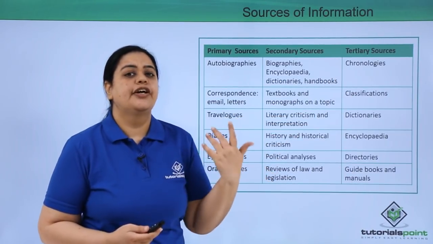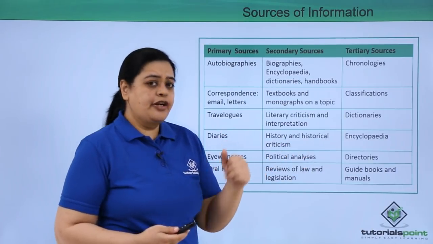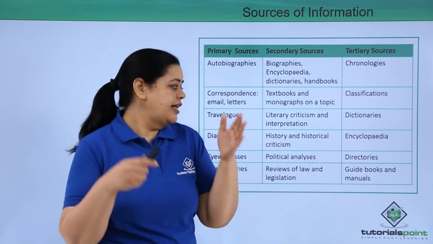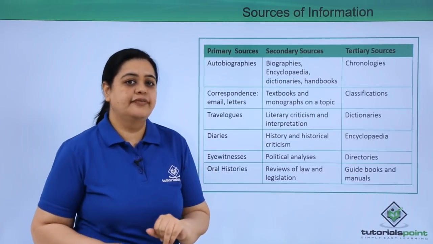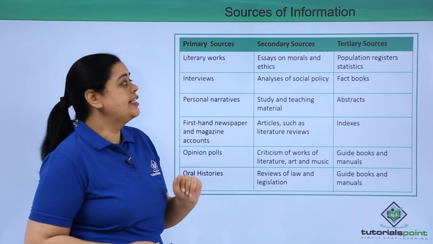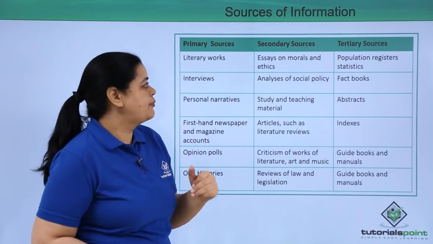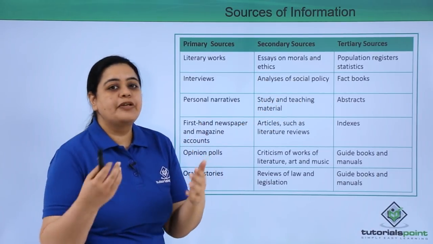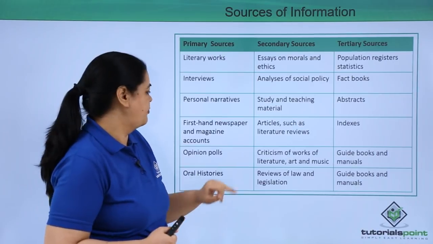Tertiary sources, your chronologies, classification, dictionaries, encyclopedia, directories, guidebooks and manuals. These are all examples of tertiary source of information. Then comes your literary works. For secondary source, it would be your essays on morals. Then population registers, statistics, these all become your tertiary source of information.